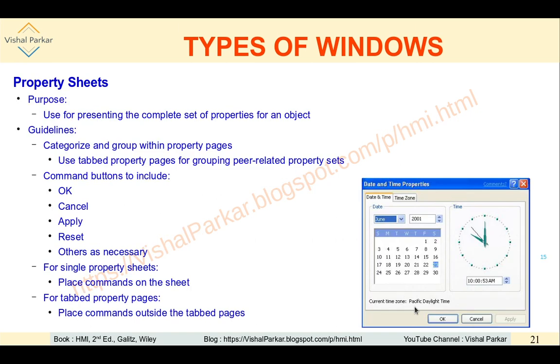One example is the property sheet, a secondary window that simply represents the date and time properties in Microsoft Windows. It is called a property sheet because it shows all the components of the date and time operation. We'll see it in detail afterwards, but this is one example of an independent secondary window. There is no primary window for that.